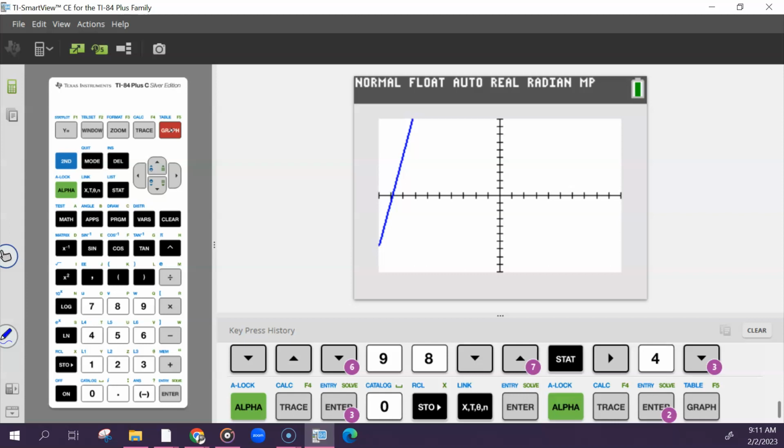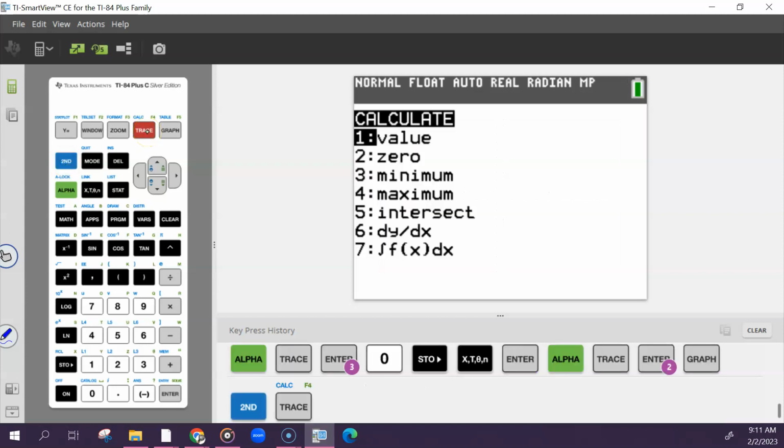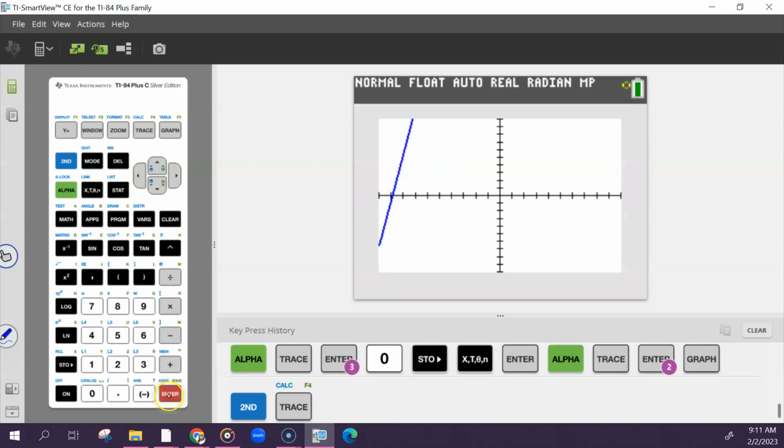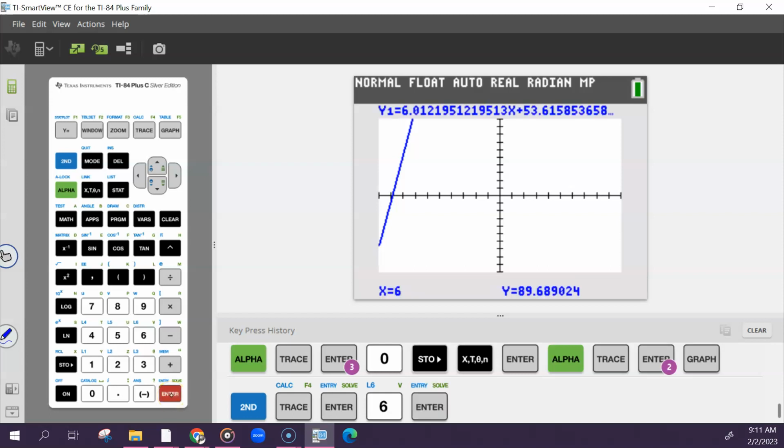Go into second trace. And we want to find the value, so 1, when X is 6. So put in 6, hit enter, and it'll tell you what your Y value is. So if you like the store option better, you can keep using that. If you like the graph option, that's also fine. So 89.69, round it.